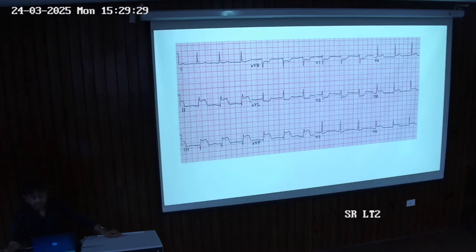There is ST segment depression in V1, V2. That is reciprocal change. There is no inversion. So second, third and AVF denote which type of MI? Inferior wall MI, right? This is a case of acute MI of inferior wall.